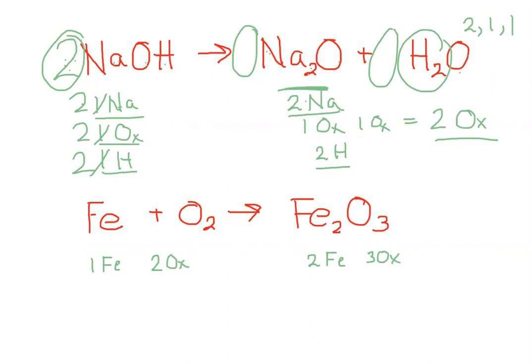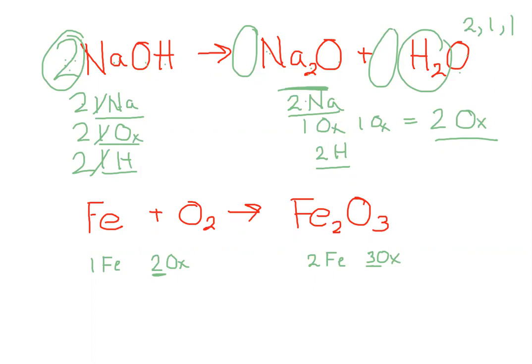I'm going to start with the oxygen because we've got a 2 and a 3. And it's kind of like thinking of a common denominator. If you had a 2 and a 3 in a denominator and you were looking for the lowest common denominator, you would pick 6. The lowest number that 2 and 3 go into is 6.